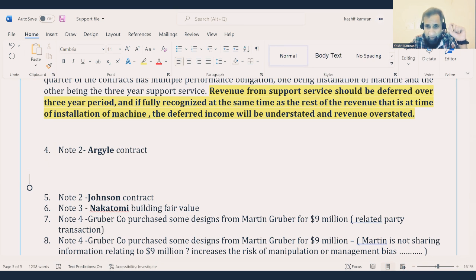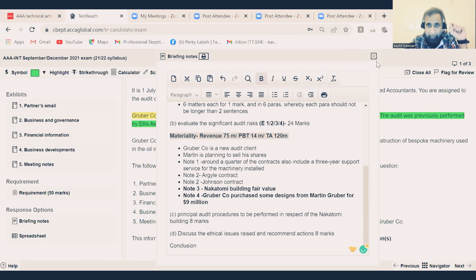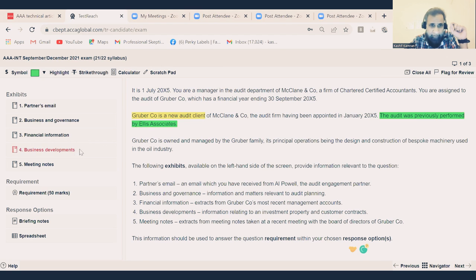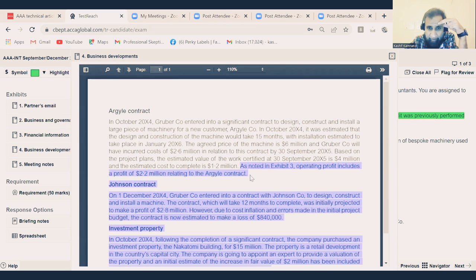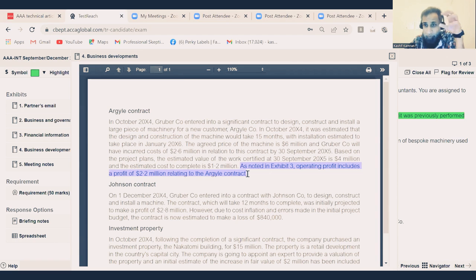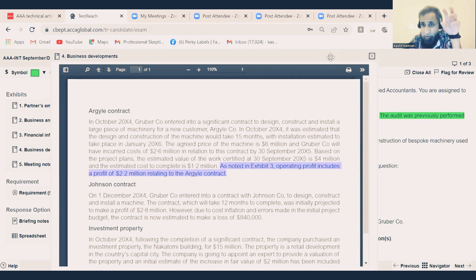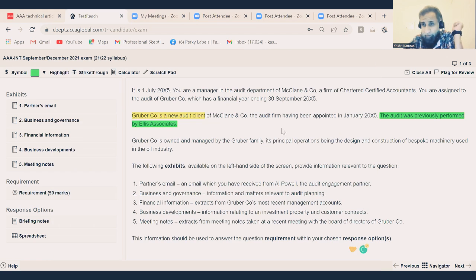If I take you back to the platform, in the Ergel contract, which was exhibit number 4, the company has recognized a profit of 2.2 million, right? Right here. So we have a value. So if we have a value, we can find the materiality. This is the first time we're coming across a situation where calculating materiality is possible.